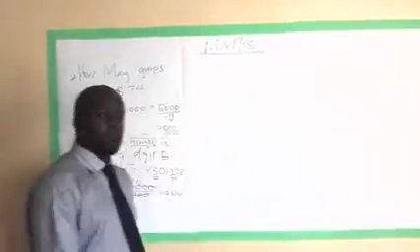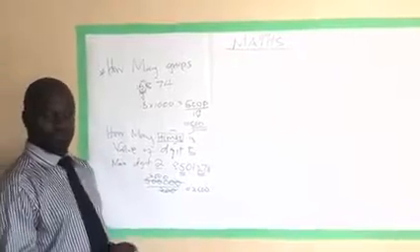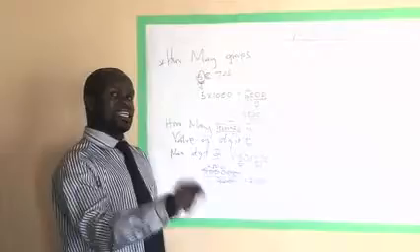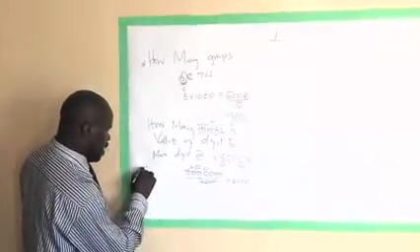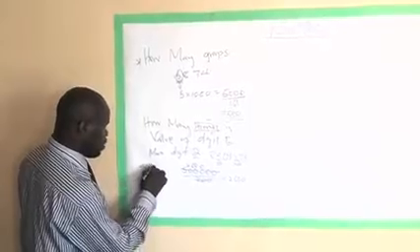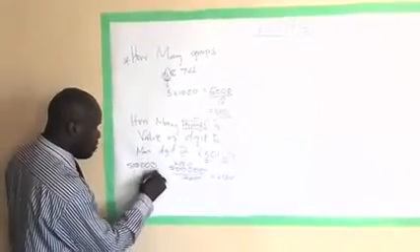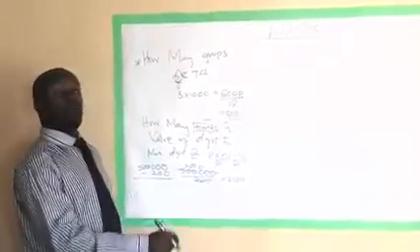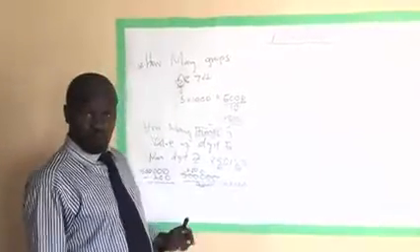This now comes to another question, where they normally say, by how much is the value of digit 5 greater than digit 2? Here you are going to get the 500,000 and you subtract 200, because they have said, by how much is the value of digit 5 greater than digit 2?